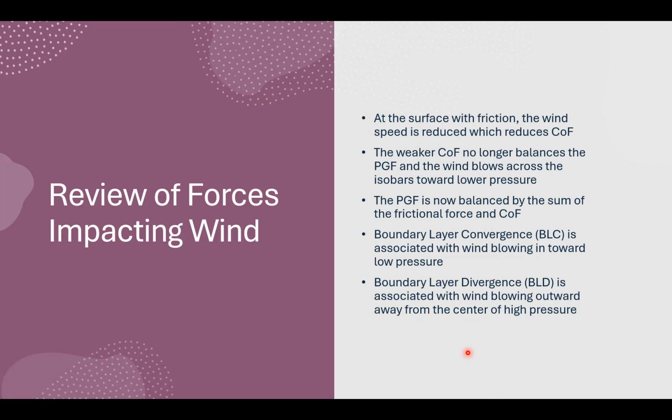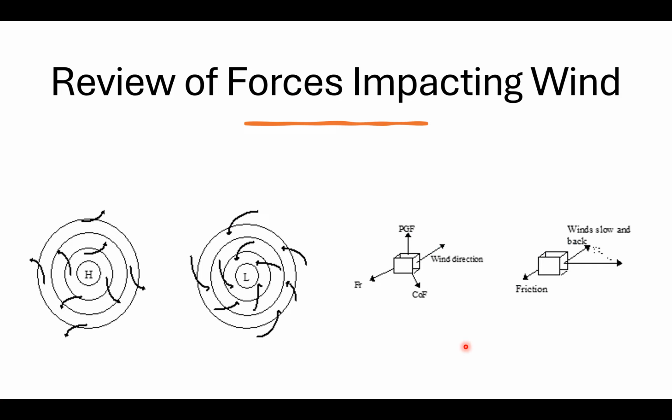And it also results in the boundary layer convergence, BLC, and the boundary layer divergence, BLD. Talked a little bit about examples graphically of these. With high pressure systems, air is blowing outward away from the center of the high across these isobars at an angle. That's boundary layer divergence. And then with low pressures, air moving inward towards the center of low pressure across isobars is boundary layer convergence.